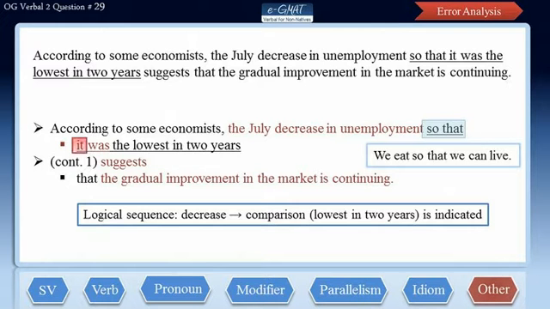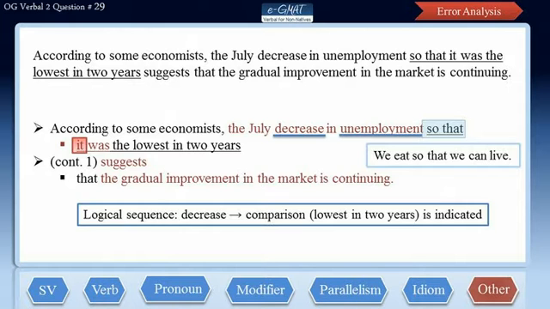Also, pronoun it is ambiguous. It may refer to both decrease and unemployment. Logically, it should refer to unemployment, because if unemployment is at the lowest level, then it is logical to say that the economy is improving because unemployment is decreasing.